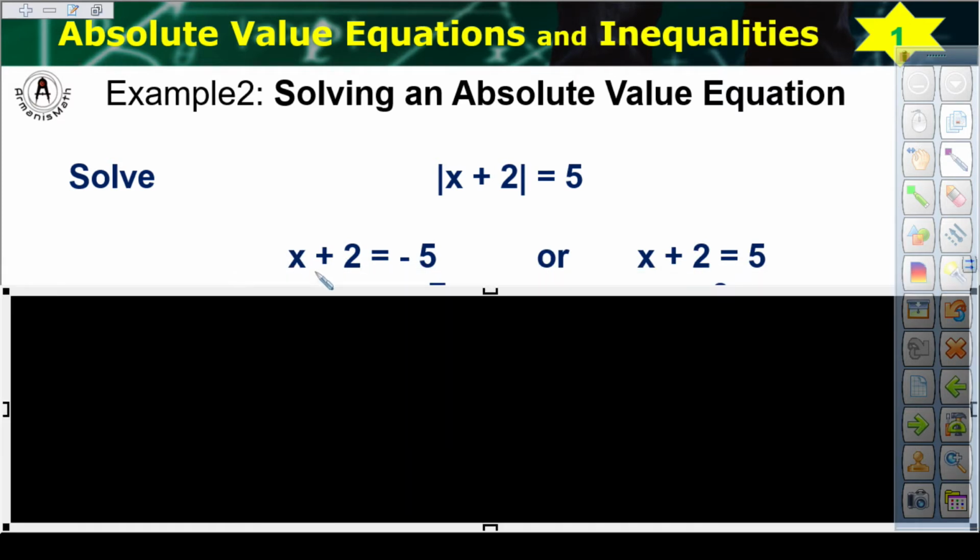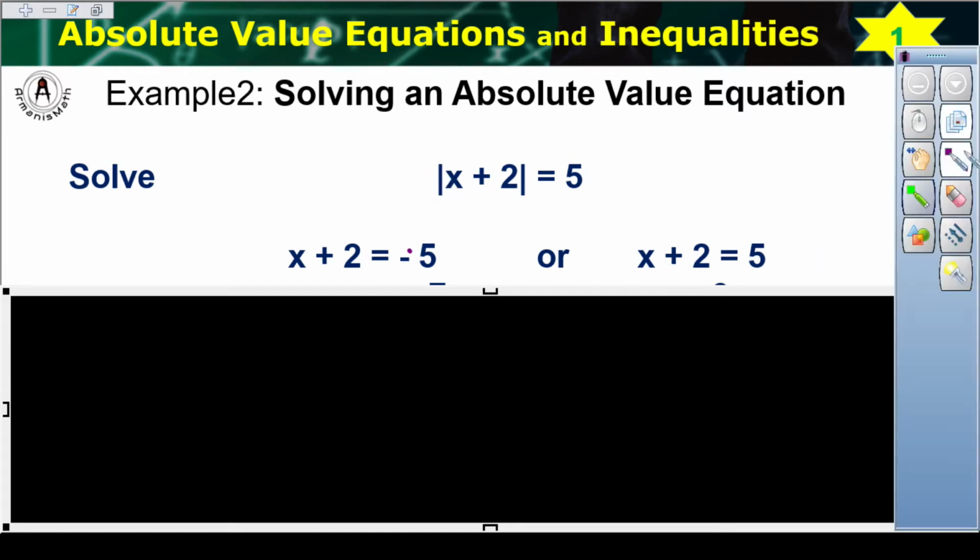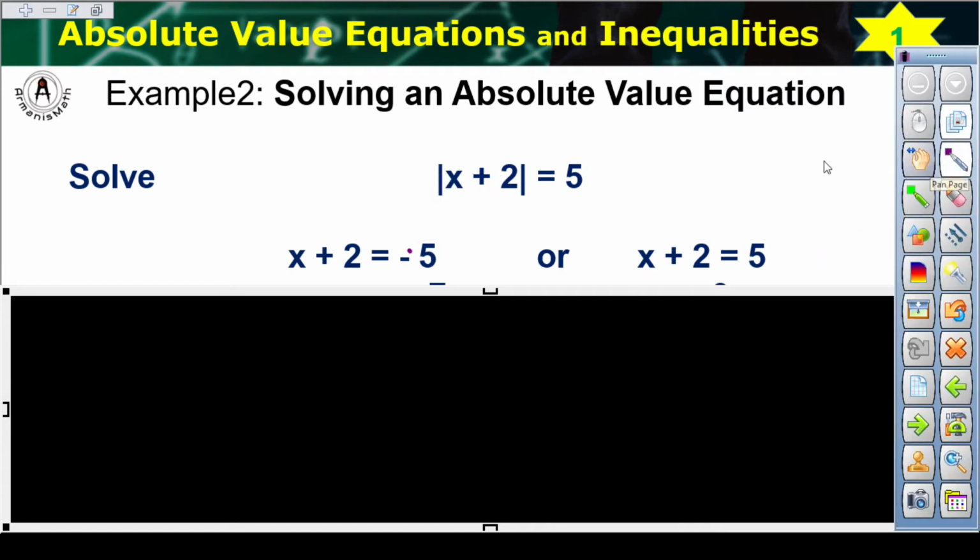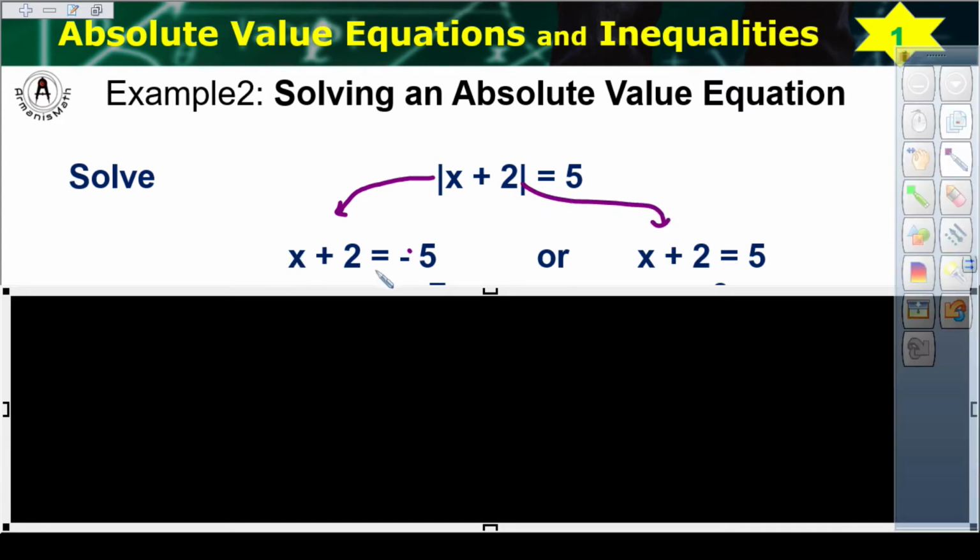You're going to say x, what's inside the absolute value. By the way, a common mistake for students, some of them put the absolute value back here when they solve. Please do not do that, because once you split, the absolute value bars are gone. They disappear. So here's maybe a mental picture to help with that: if you are splitting, this protecting bar is going to disappear, leaving you only with what's inside the absolute value.